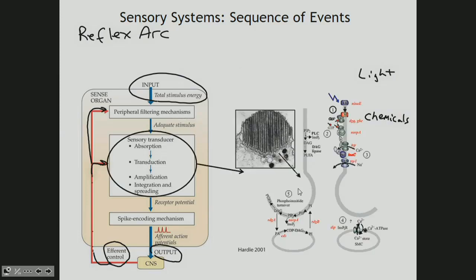So now, in terms of sensory transduction, I'm just putting up one way that light is perceived. And so this is just an example of a photoreceptor. And so you've got all of these molecules that are involved in that G protein cascade, basically. So you've got the light coming in right here. And there's a whole series of molecules that are involved in actually transducing that light signal.